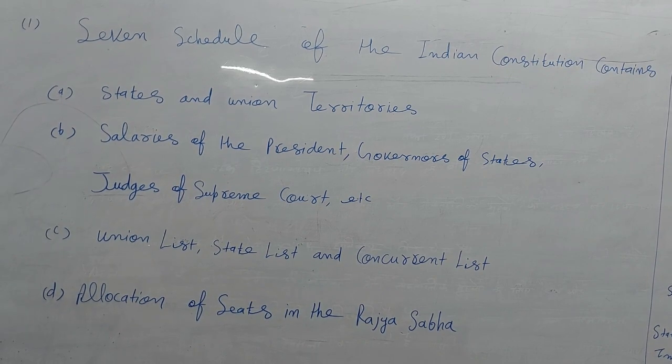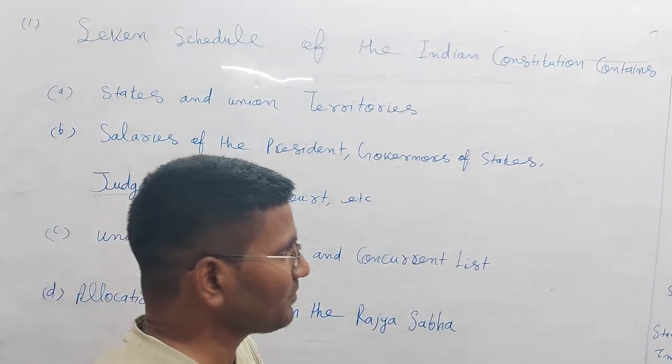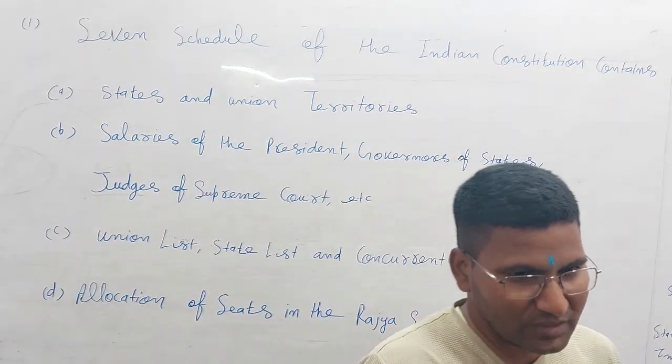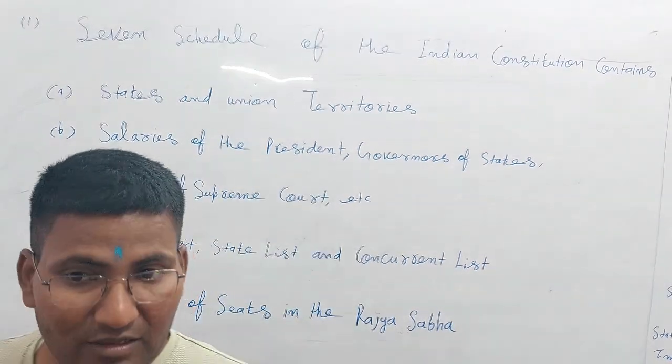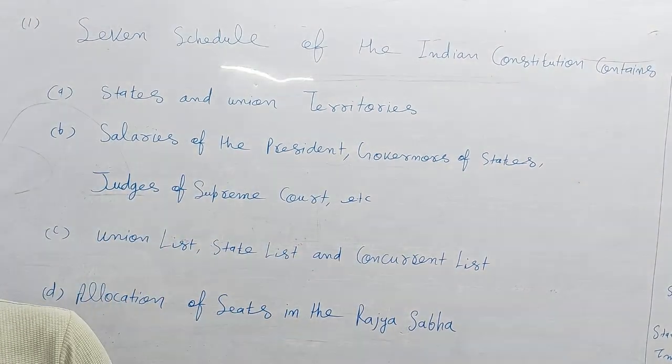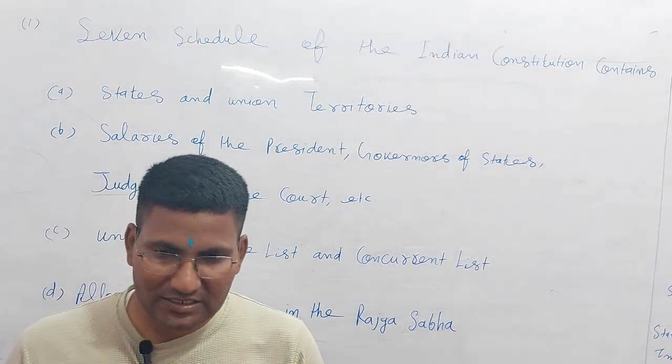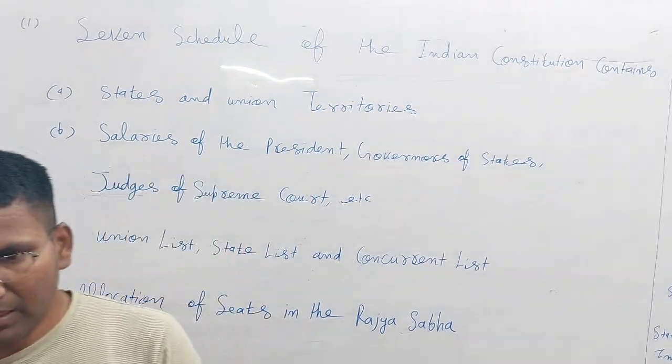You should know that the seventh schedule includes three lists: union list, state list, and concurrent list.